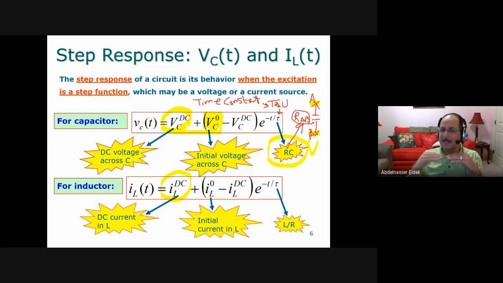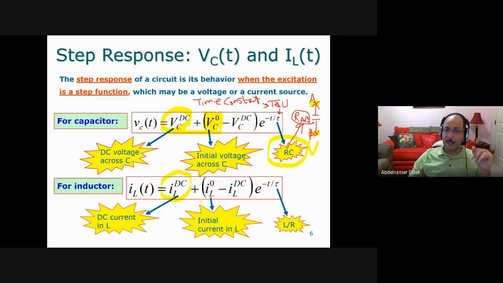This is the current in the inductor in case of DC. So again, this is similar to chapter 6. You replace the inductor by a short circuit, and then calculate the current in this short circuit. This is ILDC.